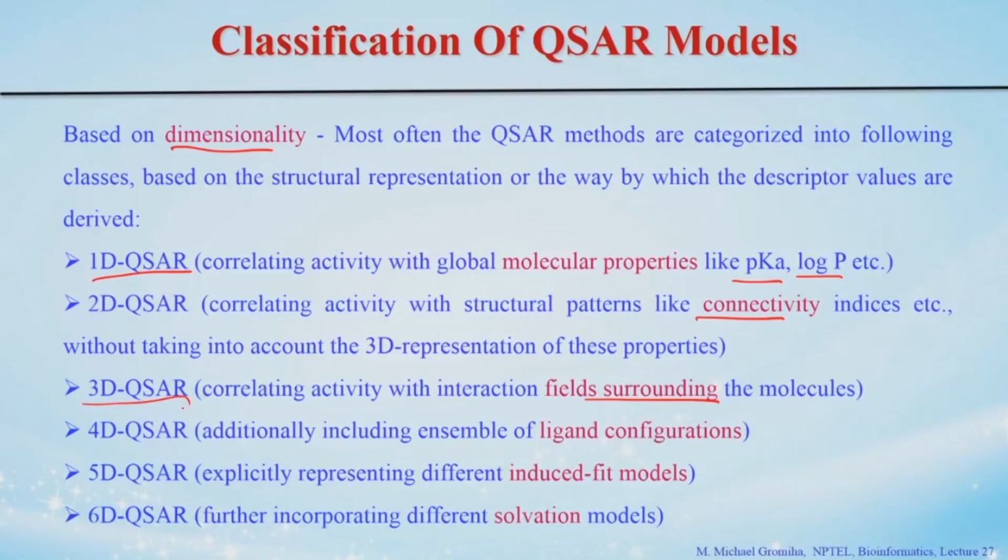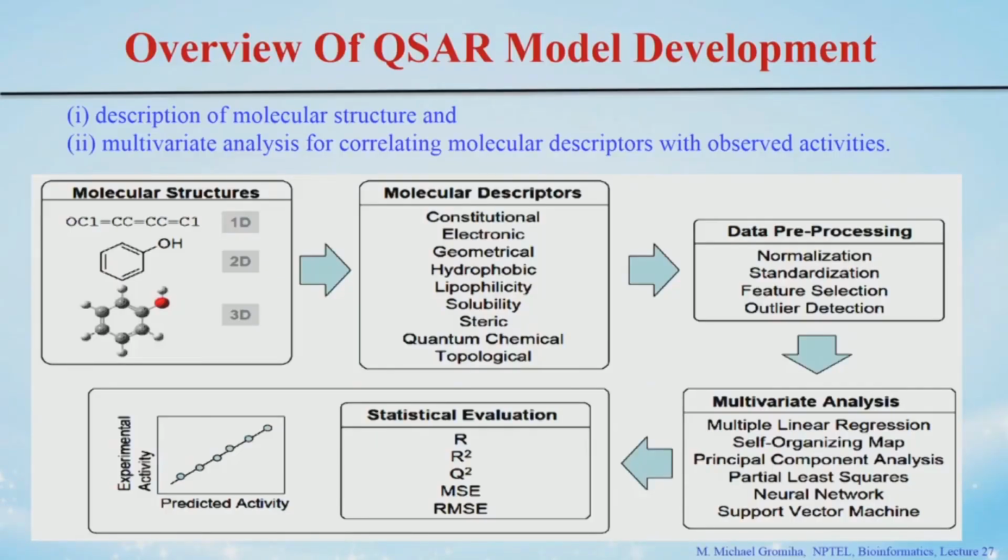Along with that we can see the ligand configuration or induced fit models, or you can use solvation models. Accordingly you can increase the complexity to build up the different dimensions of QSAR, right. Mainly 2D QSAR and 3D QSAR are commonly used when developing the models, along with 1D QSAR.